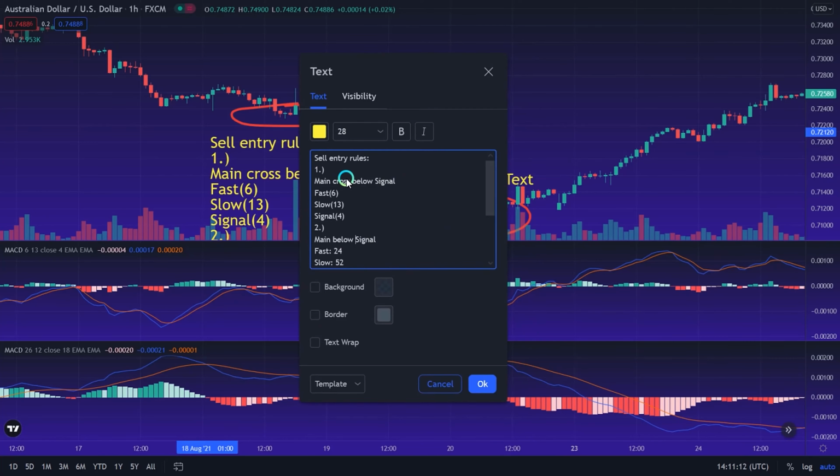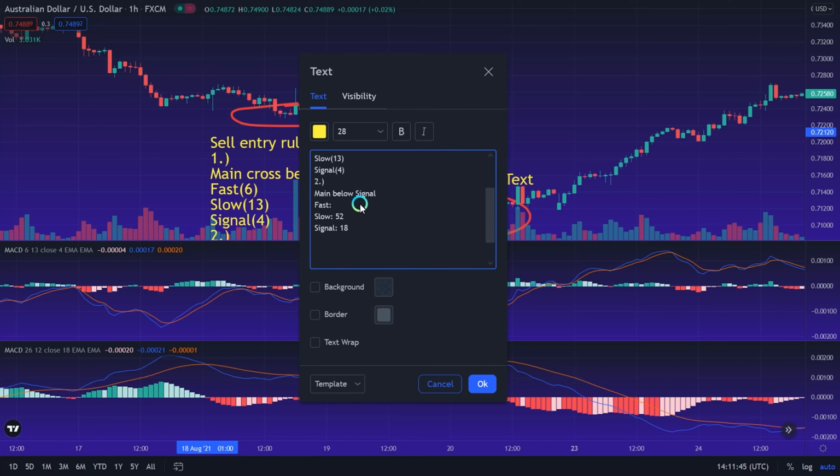We have a first condition, and it is that the main line should cross below the signal line, and we have a fast 6, a slow 13, and a signal 4, as we did with our buy entry. And here, because it is an asymmetrical strategy to have an edge over the market, we have a slightly different parameter set that the algorithm gave us.